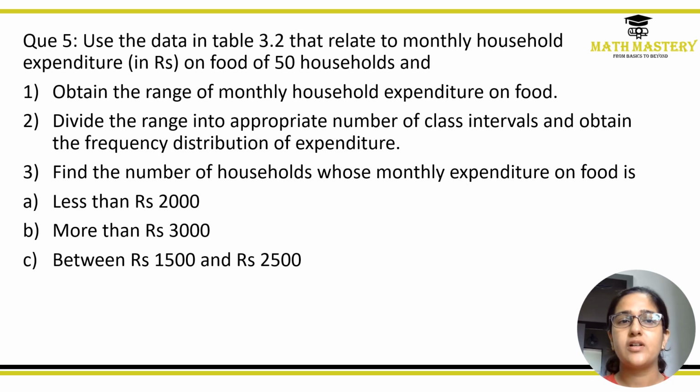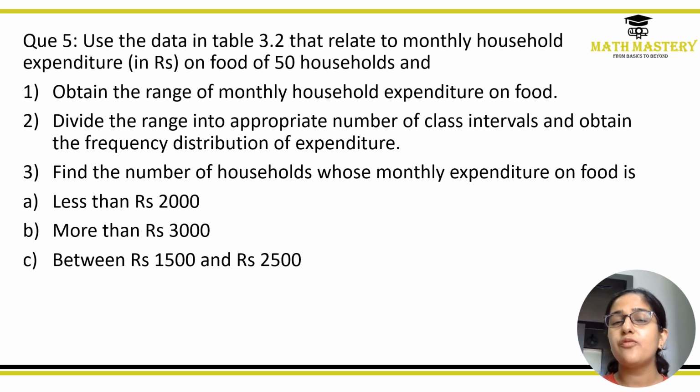Question number 5. Use the data in table 3.2 that relate to monthly household expenditure on food of 50 households. Number 1. Obtain the range of monthly household expenditure on food. Number 2. Divide the range into appropriate number of class intervals and obtain the frequency distribution of expenditure.